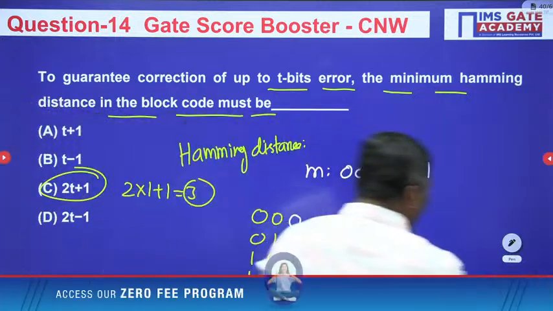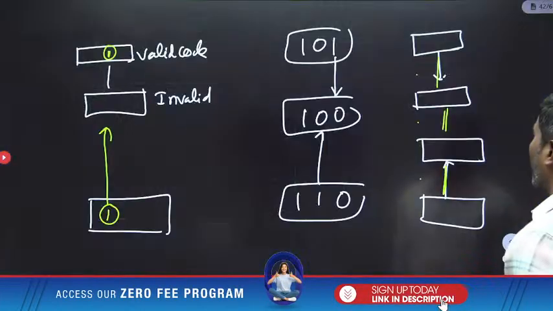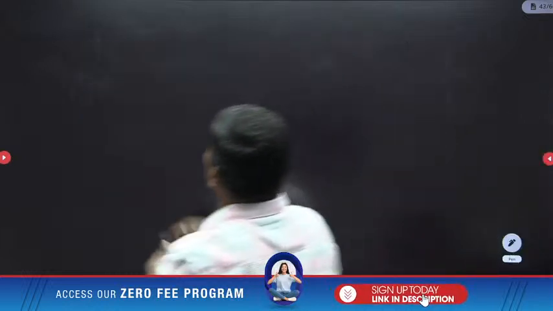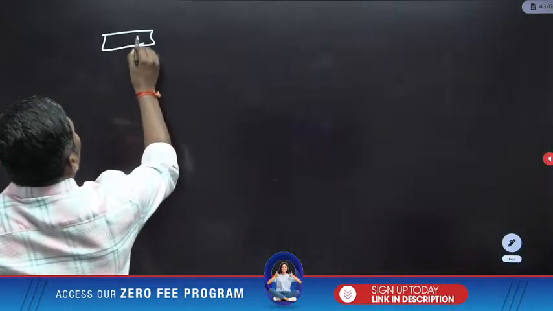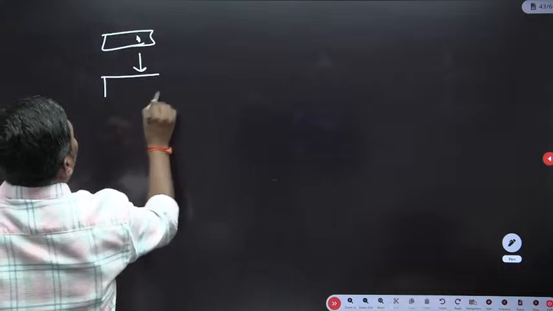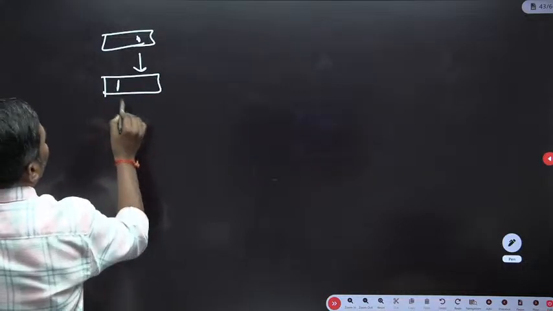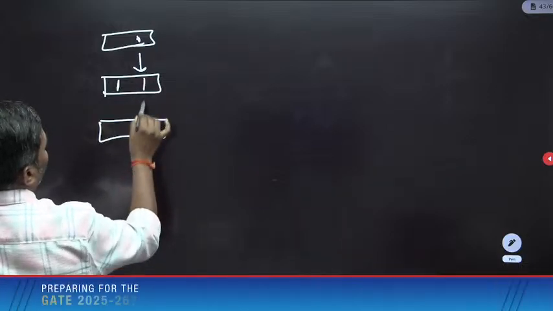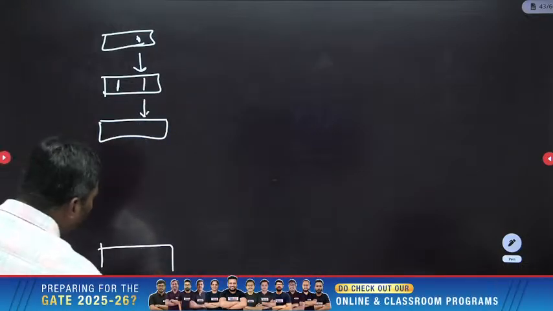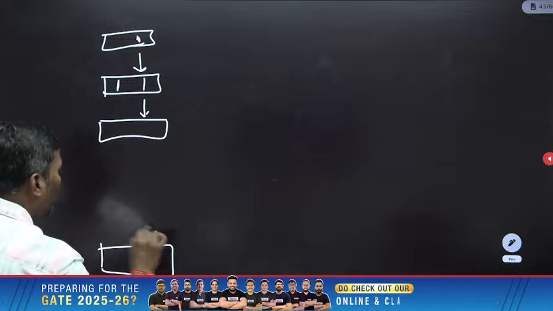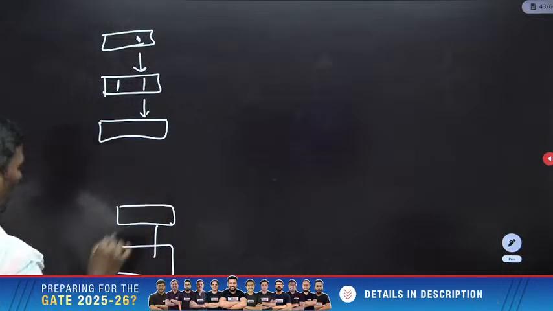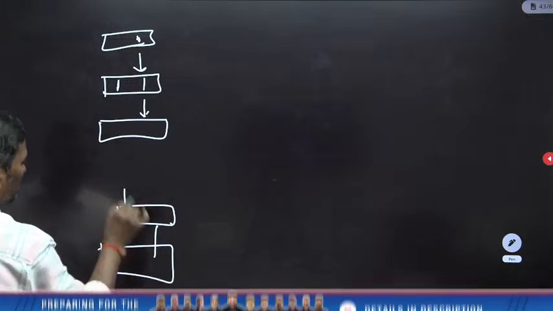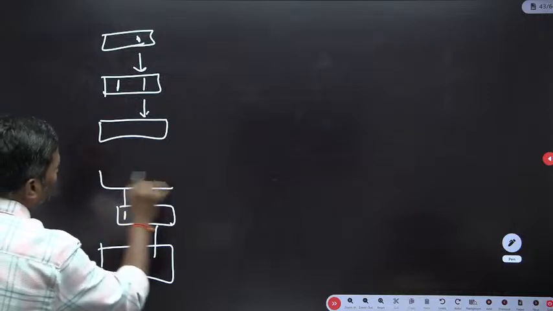Similarly, suppose for example I take a 2 bit error. Suppose 1 bit is corrupted and changes to an invalid code, assumption. So 1 bit is corrupted, this changes to one more invalid code like this. Okay, this changes to this one. Maybe somewhere one valid code is there, 1 bit changes, this becomes one invalid code. One more bit is corrupted, this changes to a different invalid code.